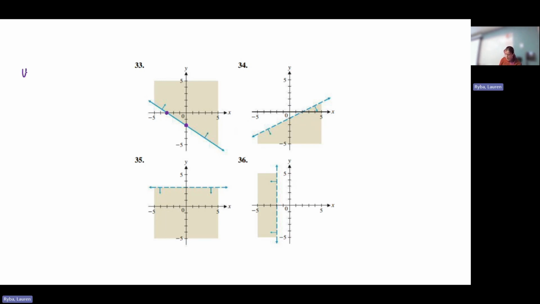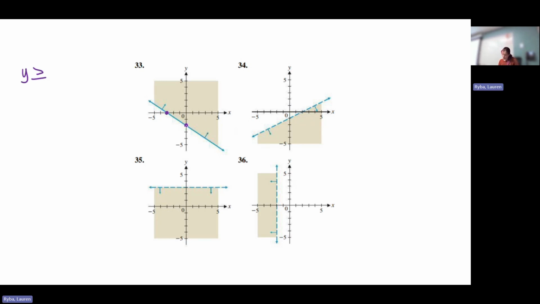So I know I'm going to start with y. It is a solid line, and I shaded above the line. So what symbol is that going to be? I shaded above the line, and it's solid. Greater than or equal to.